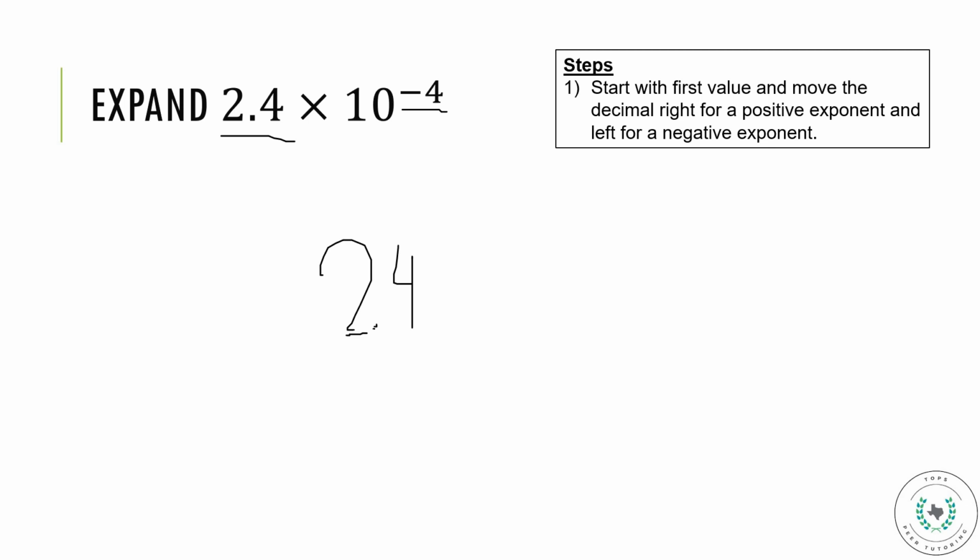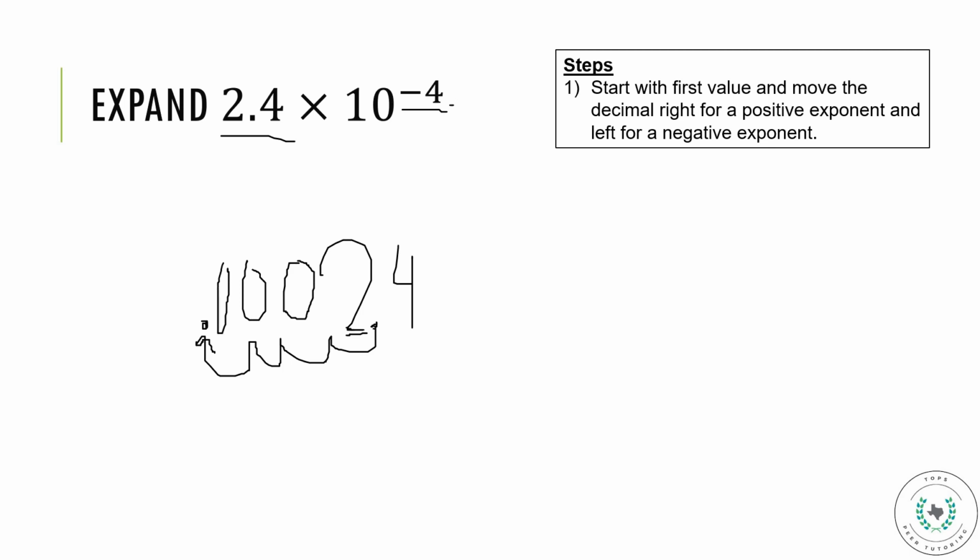So take your decimal and just move it. So 1, 2, 3, 4. And you put it down right there. And each of these hoops, or each of these curves, you fill in a 0 for.